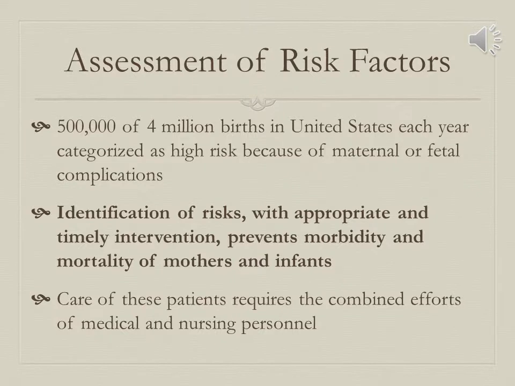It's important that we take a moment and look at the risk factors for a pregnancy because, as your book says, identification of risk with appropriate timely interventions can prevent morbidity and mortality of your mom and your infant.